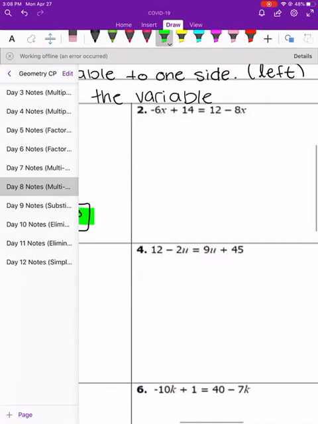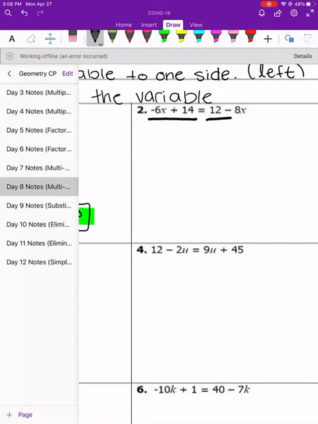Okay. I'm going to go over to problem 2. Negative 6x plus 14 equals 12 minus 8x. So I don't have to distribute on this problem. So now I'm going to check to see if I need to combine like terms. So I'm going to look on my left side. Negative 6x and 14, they can't combine.